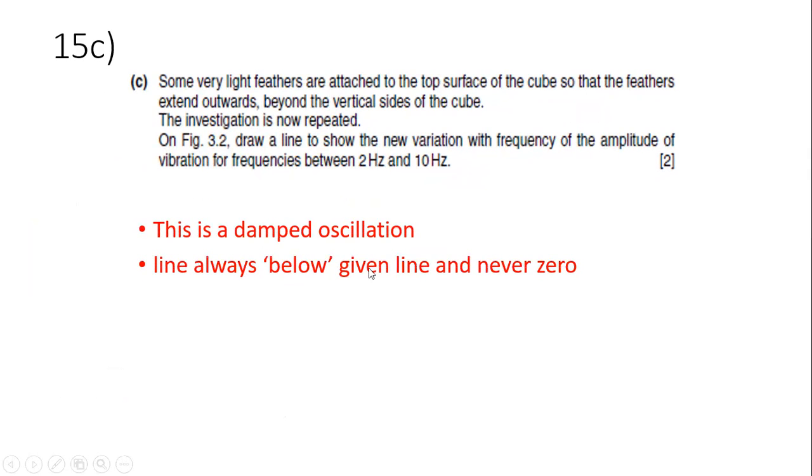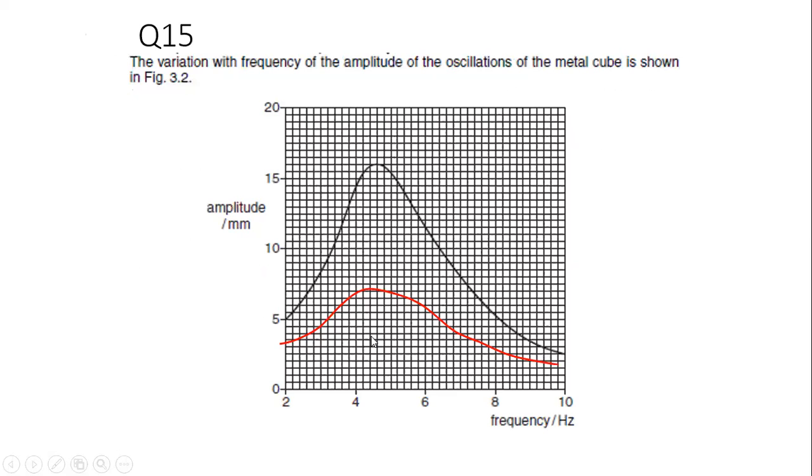Line always below, because we are increasing the damping. So the curve must be below the previous line, and the peak about 4.6 or lower, or slightly less and flatter. That's how you draw the lines. The peak there must be the same or slightly lower. That's what is required. Any comment?